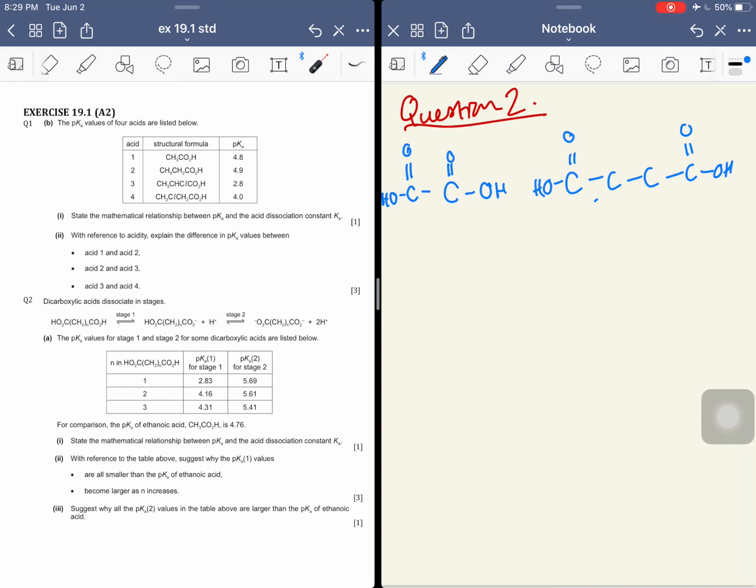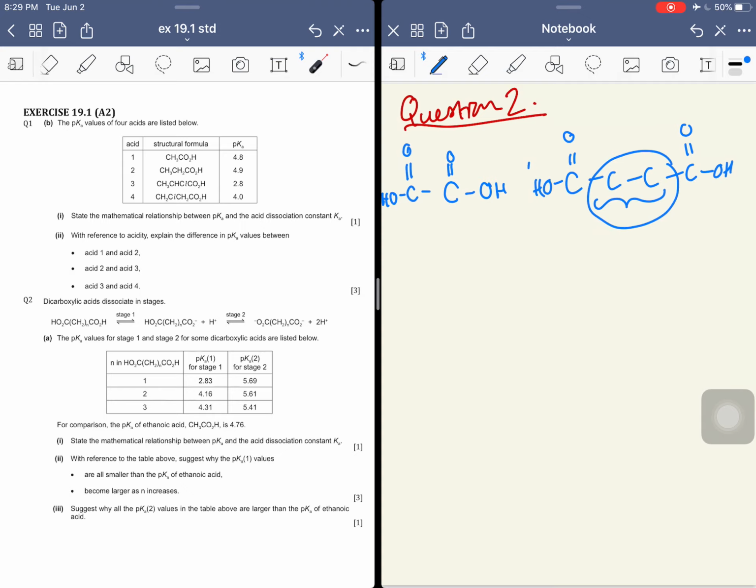It doesn't matter how many carbons you have in between. That's why in the expression they have used N. The N shows you how many CH2 groups you have in between one COOH group and the other COOH group.